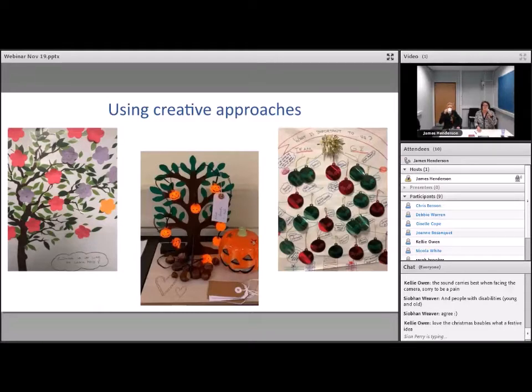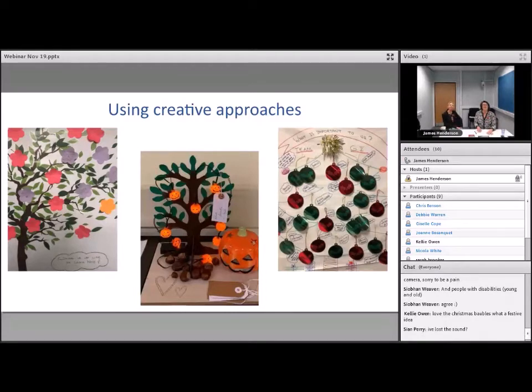In the middle, we've got an example from Joanne Mohammed up in Blackburn on how she's used Halloween as a topic to ask both staff and patients what it's like to be cared for in their unit. And on the right hand side, you'll see a Christmas themed bauble one, which is about enabling staff to talk about what's important to us.